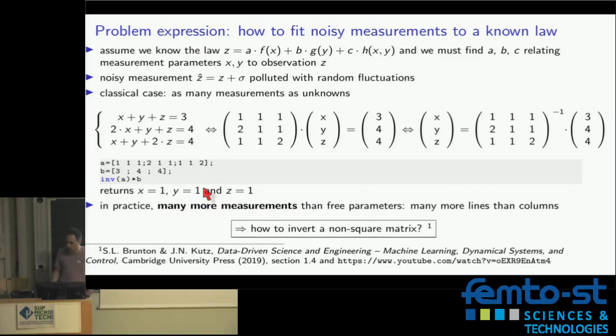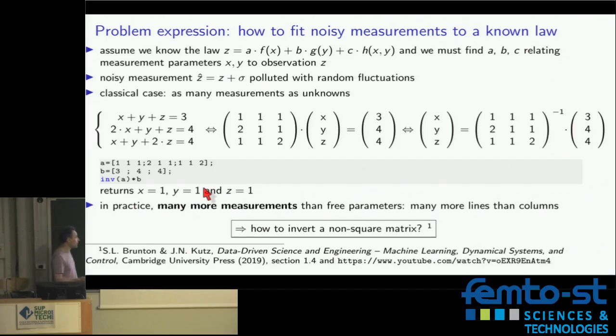So this everyone knows. But in real life, you don't have as many measurements as you have variables. Usually you have very few parameters. Say for the satellite, you have x, y, z, the position of the satellite in space. Maybe you would add the velocity of the satellite. And you will have many, many observations, you might have hundreds.